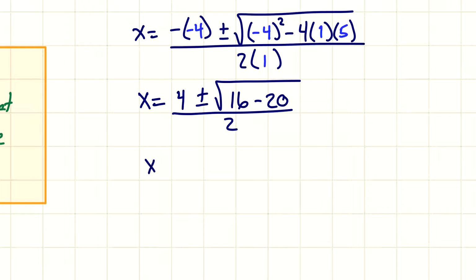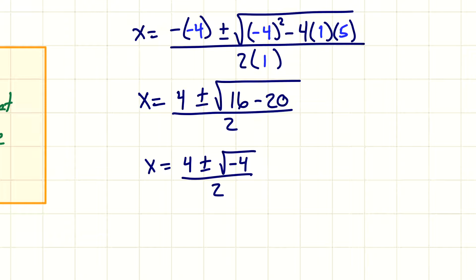All right, so that means we're going to end up with the square root of -4 on the top, divided by 2. I already see the square root of a negative number. That tells me we do not have real solutions, which is okay, because now we have a better idea of how to simplify this.